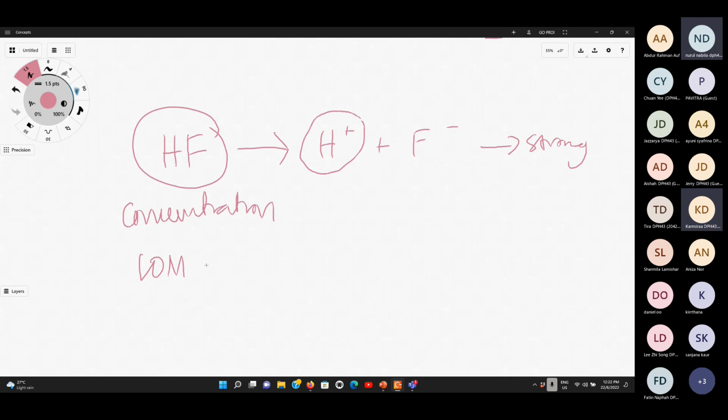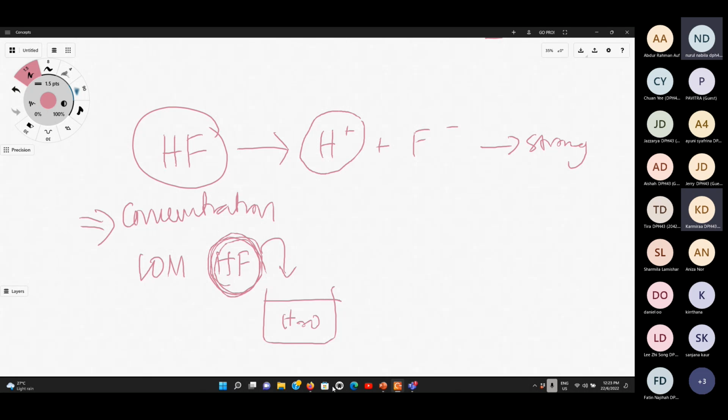So it just means there are 10 molar of hydrofluoric acid yang larut dalam air, a beaker of water. Itu maksud concentration. Dia tak cakap langsung tentang how many ions are inside this solution. Dia only cakap tentang this molecule as a whole. Okay, so that's why kita tak boleh guna definition tu.